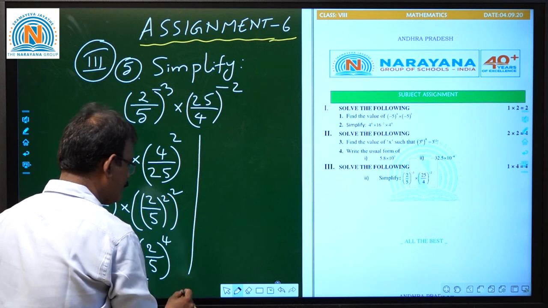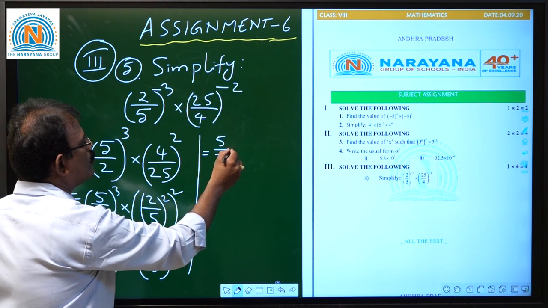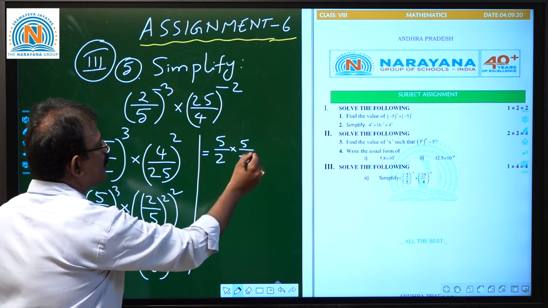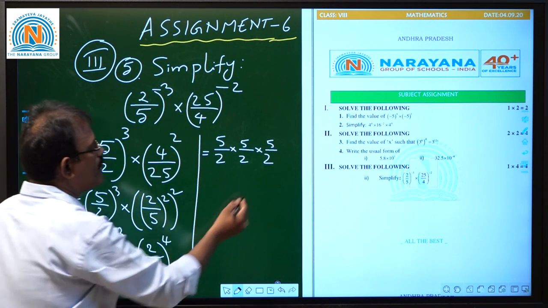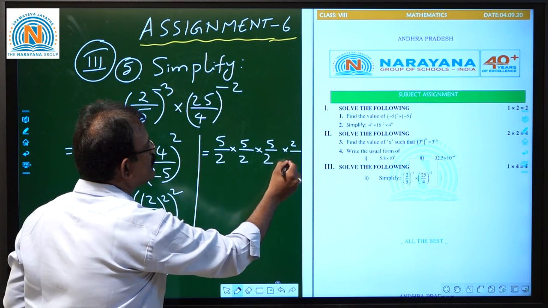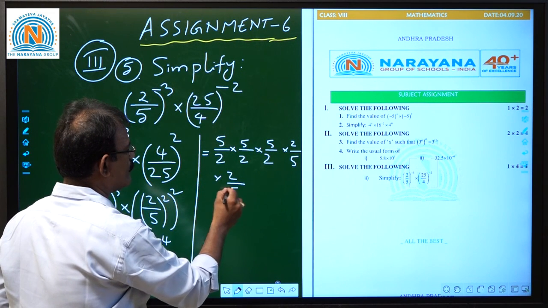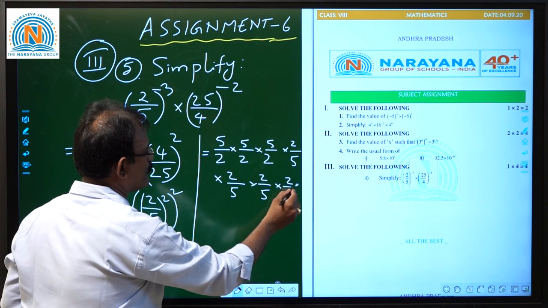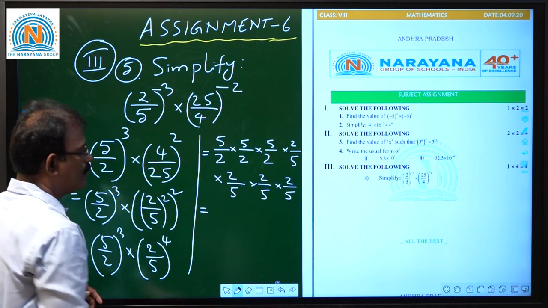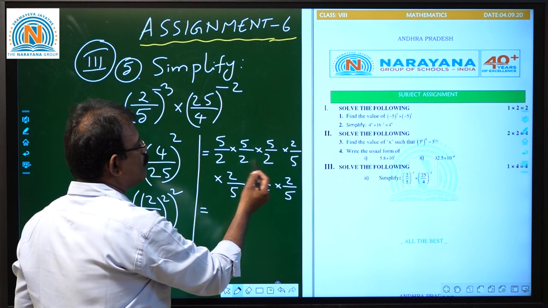Now if you see, 5 by 2 is raised how many times, children? 3 times. And 2 by 5 is raised how many times, children? 4 times. So here we have 3 twos.